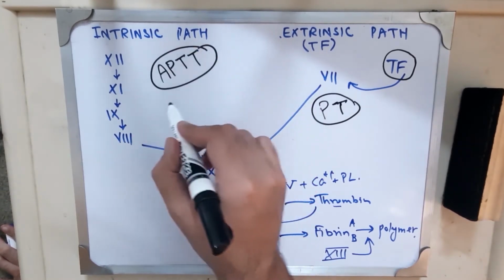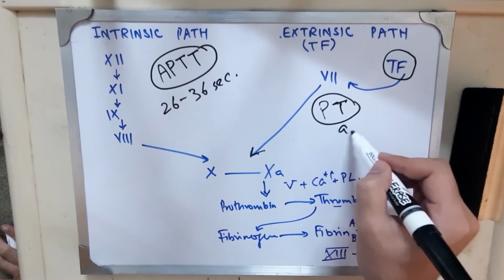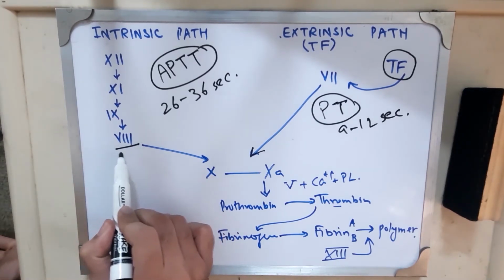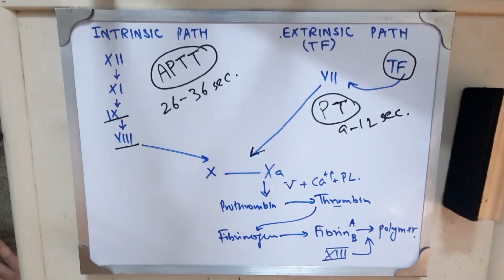Values are 26 to 36 seconds and 9 to 12 seconds for these. We can also check levels of individual clotting factors, for example factor 9 and factor 8. These are assessed in hemophilia B and A respectively.